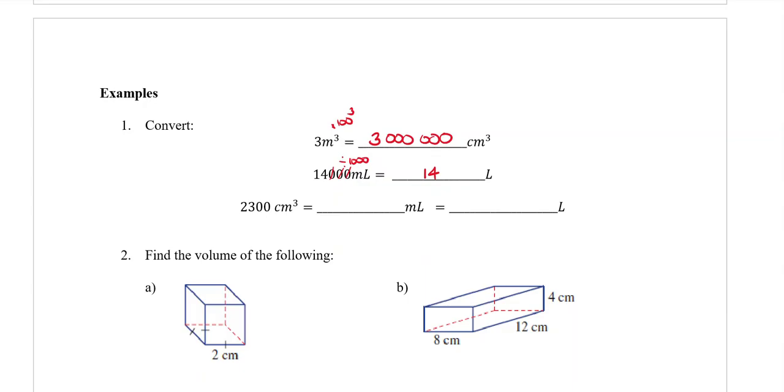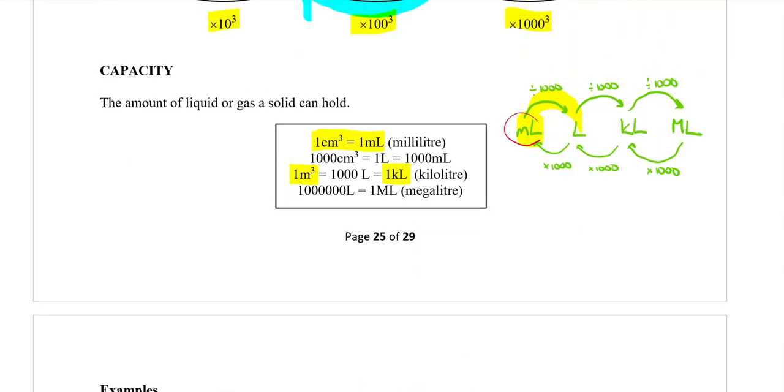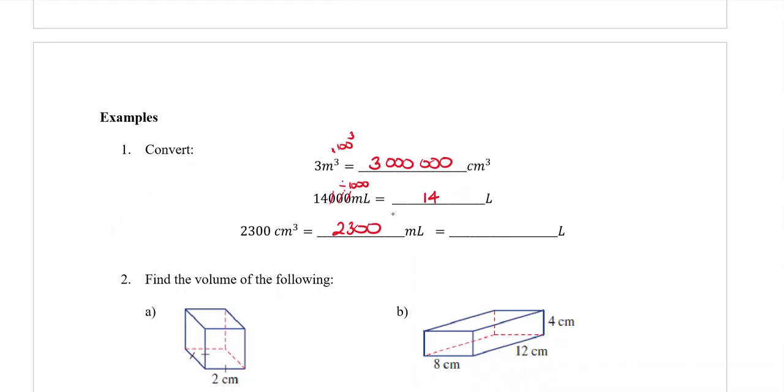The next one has two jumps. 2,300 centimeters cubed are going to be the exact same as 2,300 milliliters, because centimeters cubed and milliliters are exactly the same thing. Then, if we want to go from milliliters to liters, that's the same one that we did here. We're going to divide by 1,000, which means that will be 2.3 liters.